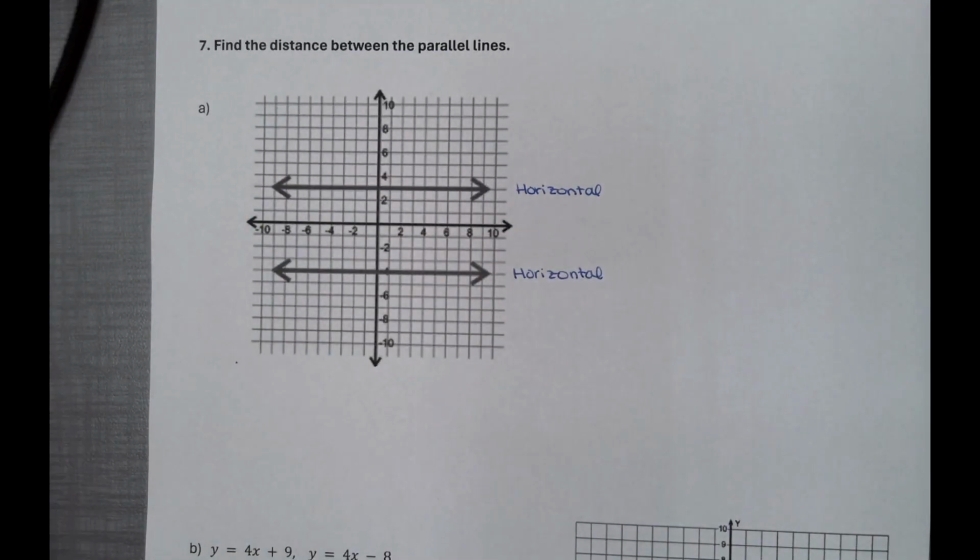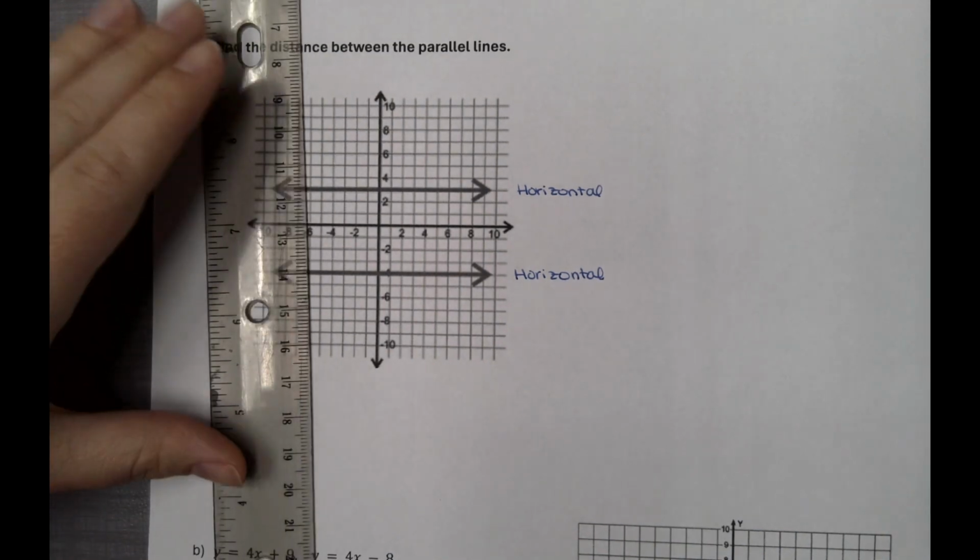It's almost misleading because this doesn't always happen. But because these are horizontal lines, we can simply just draw a line. This will not happen on the other one. Please don't think this is always going to happen.